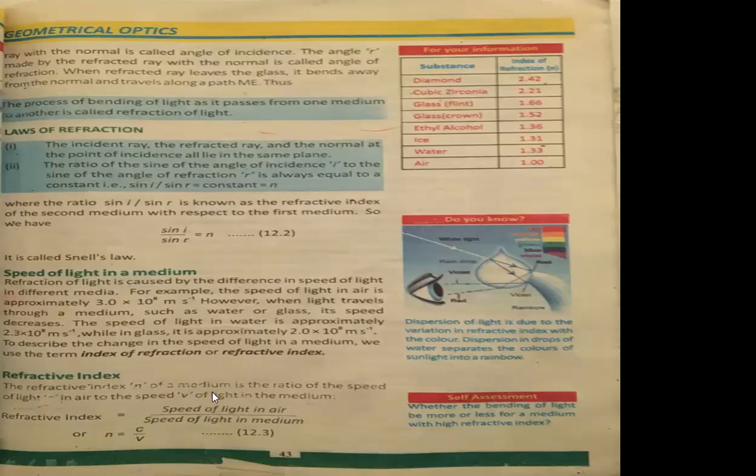The term refractive index is used to find the change in the speed of light in different media. It is denoted as n equals c over v.